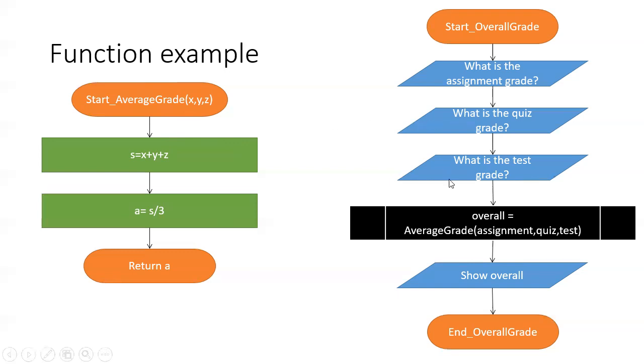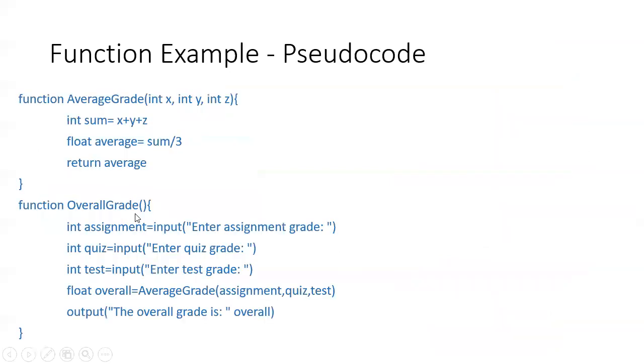When you invoke the function, you put these variables on the stack, and they only are there as long as the function is running. Okay, so we've got our local variables, and here they are, X, Y, and Z, and S and A. X, Y, and Z come in from these global variables, and then S and A are created and only live inside the function. Very nice.